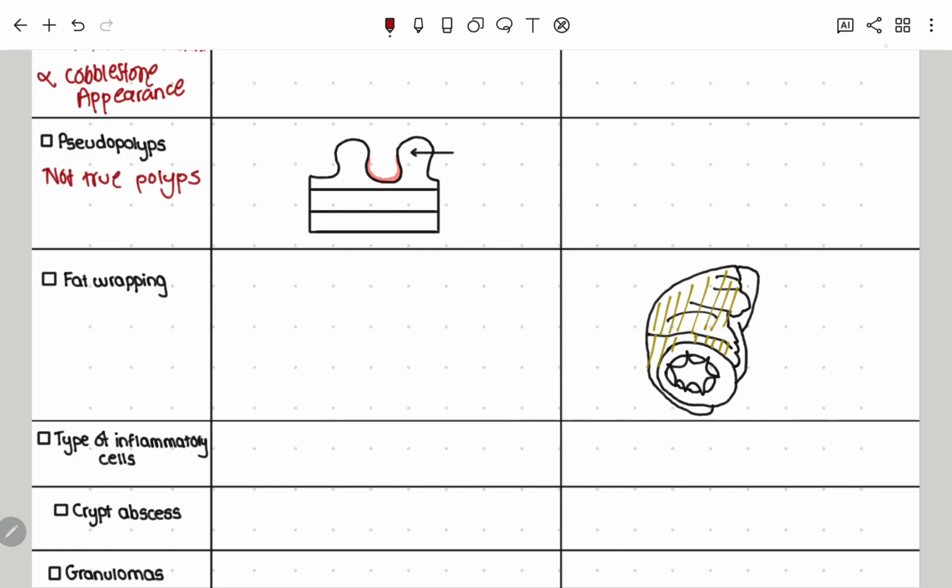And why these are not true polyps is simply because you look at a regular mucosa, and when you have defects being created in this mucosa, you will have an appearance that looks something like this diagrammatically.